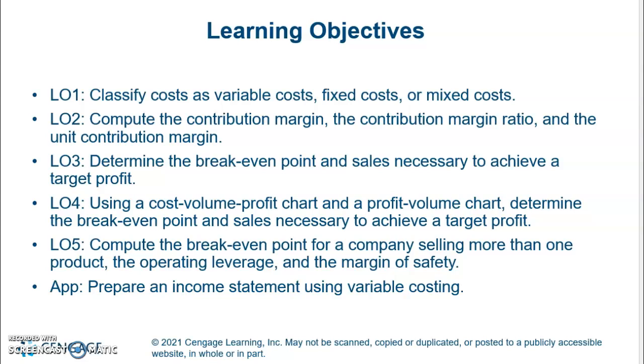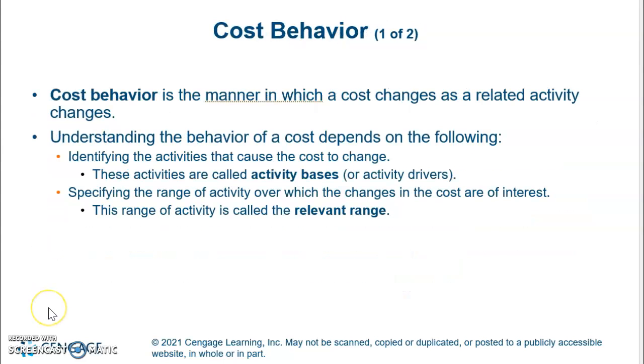So we'll be going through these objectives. We'll review these at the end and make sure you understand. But first we're going to start with objective 1. Cost behavior is the manner in which a cost changes as a related activity changes. Some costs change as the volume of sales increase or decrease.